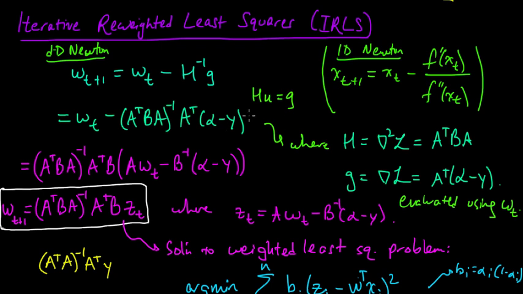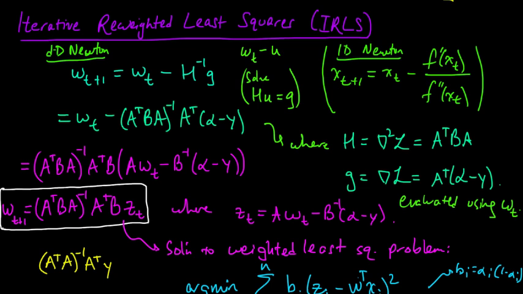Inverting H might not be numerically stable depending on the H. So typically you'll want to solve this for u, and then use w_t minus u, and so on.